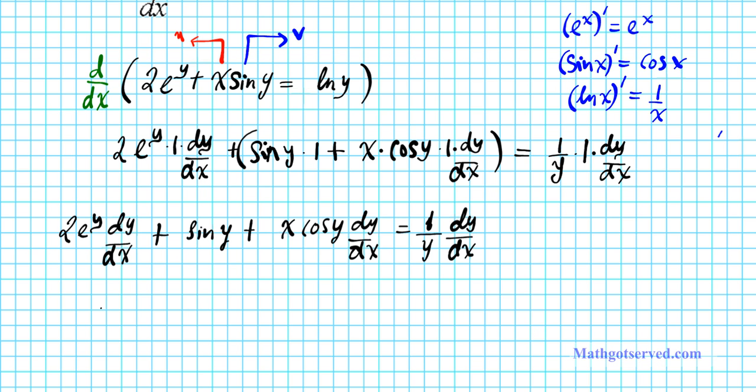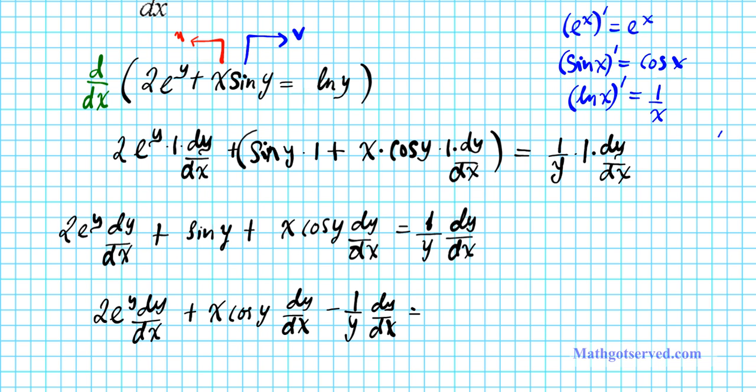Okay, so we're going to have 2e^y dy/dx plus x cos y dy/dx minus 1 over y dy/dx, and then we can subtract sin y from both sides, equals negative sin y.